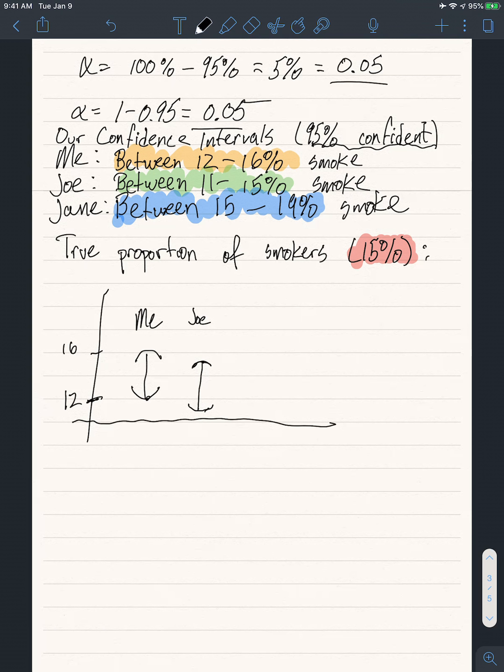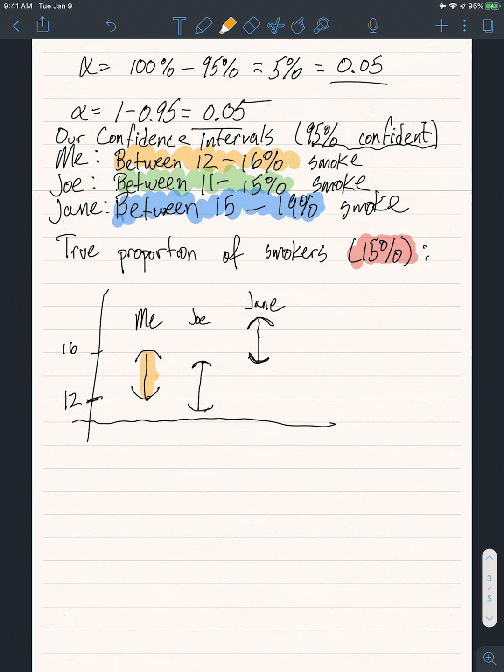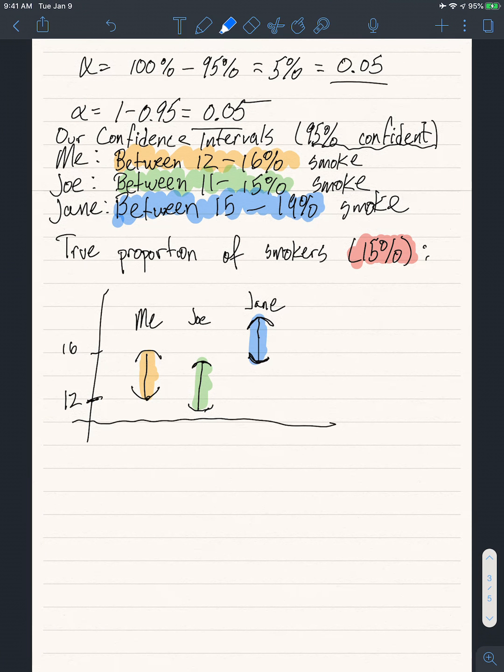And Jane said it was actually between 15 and 19. It's 2 each, so maybe up here. These were the different ranges we all came up with based on our individual samples. My range is right here. This is where I believe the true percentage of smokers is. Joe believes it's down here. Jane believes it's up here.